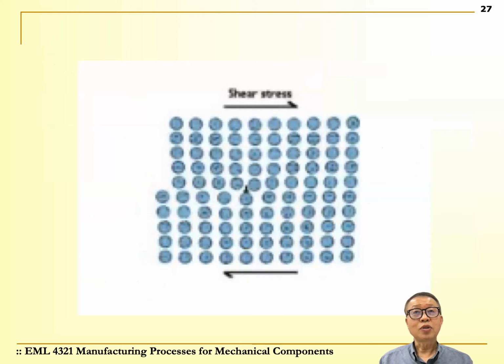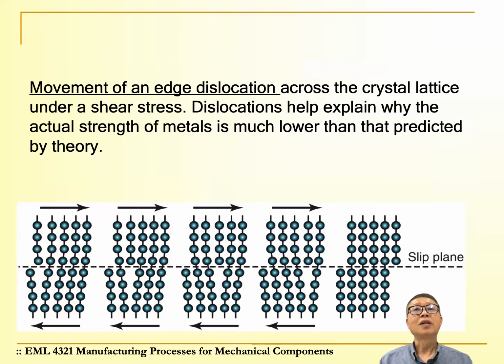The role of dislocation is important in the deformation. So take a look at this movement of edge dislocation. If you take a look at the figures from left to right, due to the presence of a dislocation, deformation is somehow facilitated.